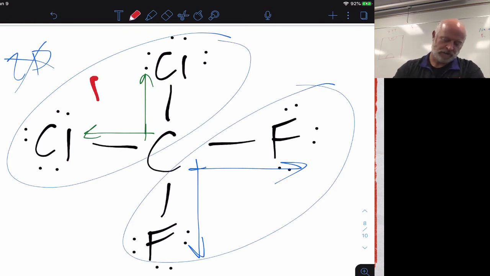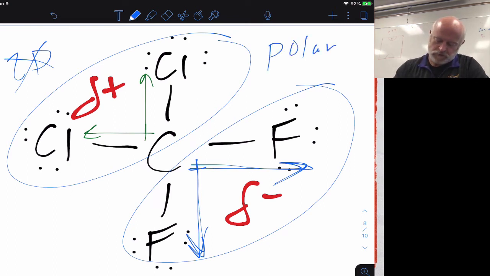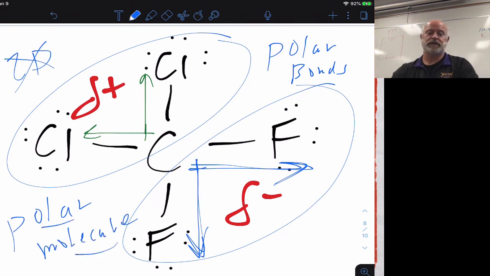So we're going to end up getting a partially positive side here, a partially negative side here, because the blue is pulling stronger. So this is a stronger pull in this direction, and we're going to get a polar molecule. So this is a case where we have polar bonds and a polar molecule, both in this case.